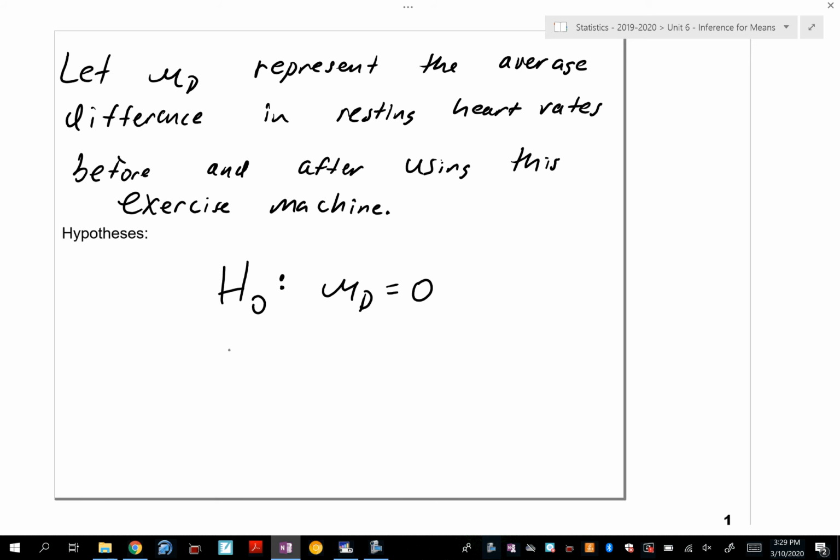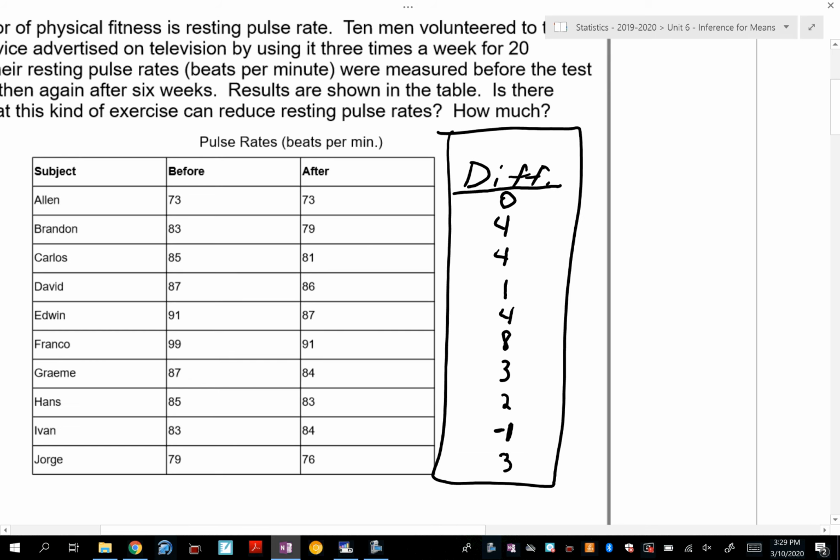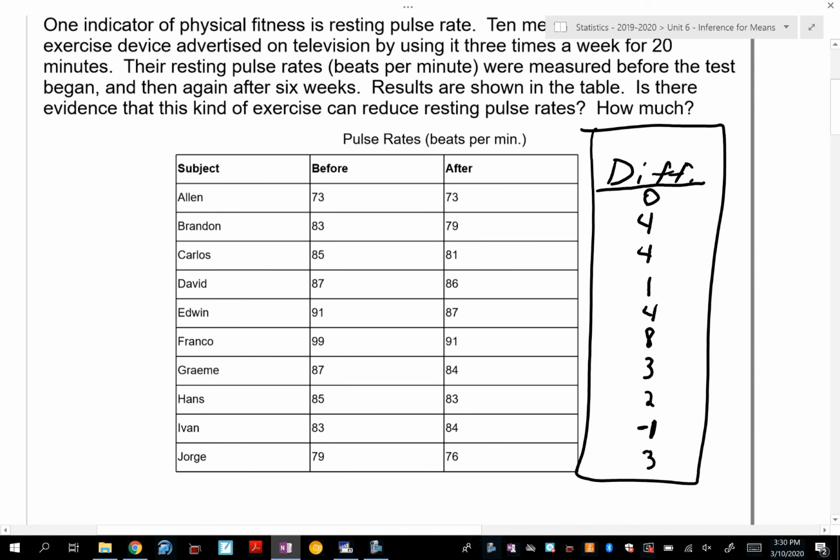Okay? The alternative, now here's where it gets a little tricky. You know I'm going to have that, but look at the problem. The problem says, is there evidence that this kind of exercise can reduce resting pulse rates? That means, in theory, what should have happened to their after numbers? Should have been down. So the difference we did was before minus after. And if this number is smaller, I'm looking for positive numbers.